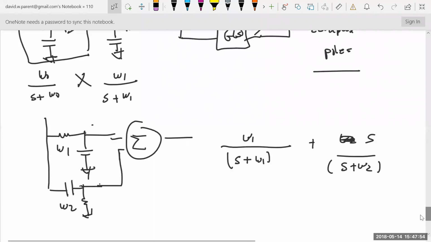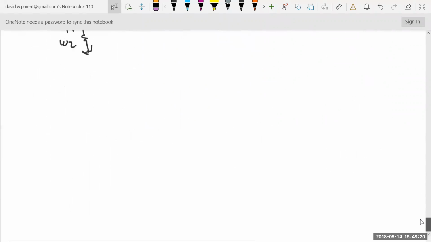Well, right, I multiply this by s plus omega 1 divided by s plus omega 1, and I cross multiply over here. Well, anyway, you're just multiplying real roots. So this can't be complex unless I had an RLC circuit over here. So really, without negative feedback, the only way you can get a complex root is with an RLC circuit. But with negative feedback and op-amp circuits, you can get complex roots.